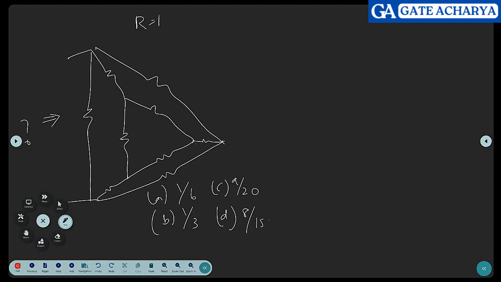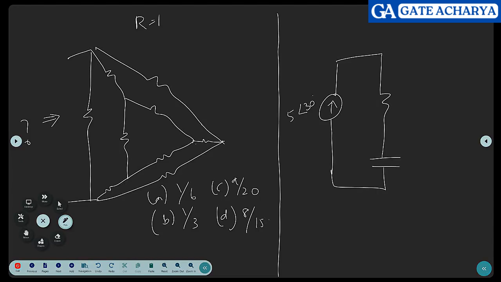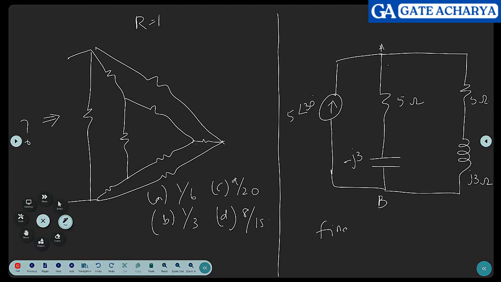So when you go back, try to attempt this. And one more. Find VAB. 2 questions, homework.